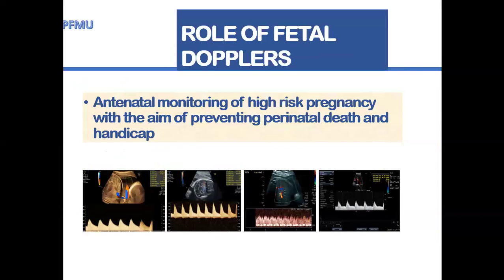Then in comes the next. So what are some of the roles of the Dopplers? It's for antenatal monitoring of pregnancy with the aim of preventing perinatal morbidity and mortality.